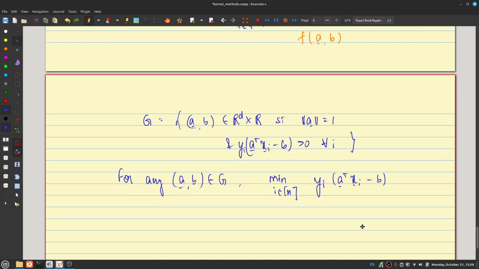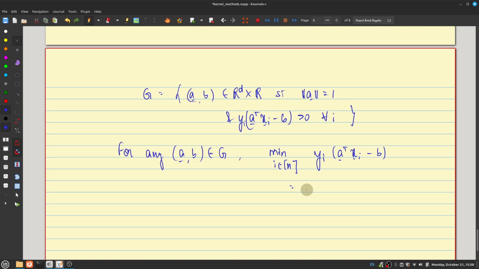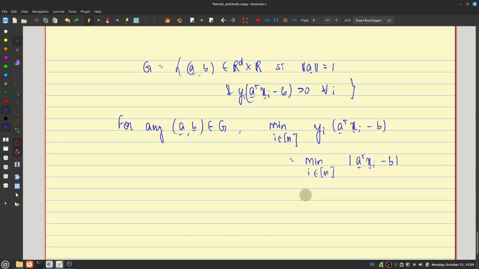It's equal to the minimum over all i in N of mod of a transpose xi minus b, because I know that this quantity is greater than 0, so it's going to be the absolute value of a transpose xi minus b.